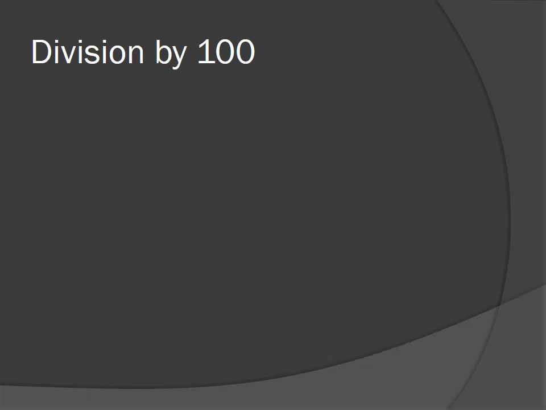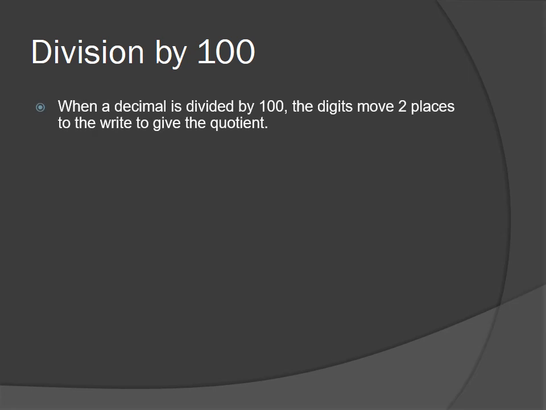Division by 100. When a decimal is divided by 100, the digits move 2 places to the right to give the quotient. It means to get the answer, you have to move the decimal point 2 places to the left.